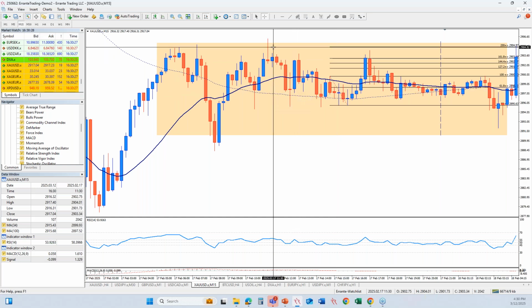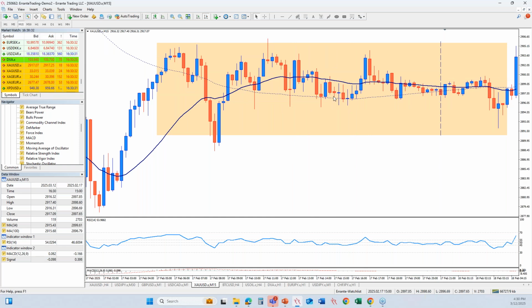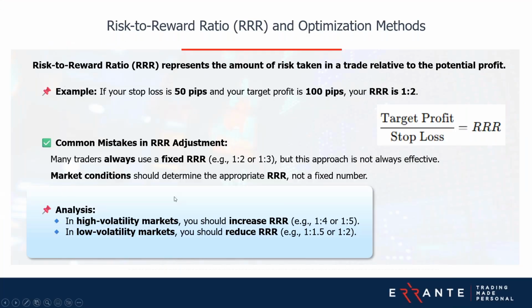Because we are in a very choppy market with no momentum and with no volatility. It's recommended not to trade such a market because it's too risky. You see, the risk is higher than the reward. So it would be a wise idea to avoid trading in such a market.